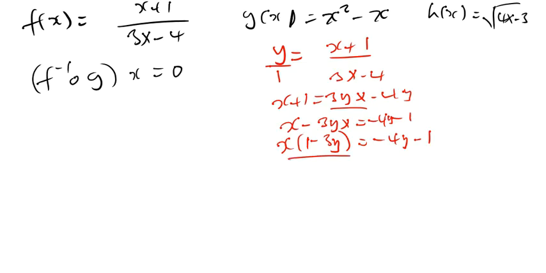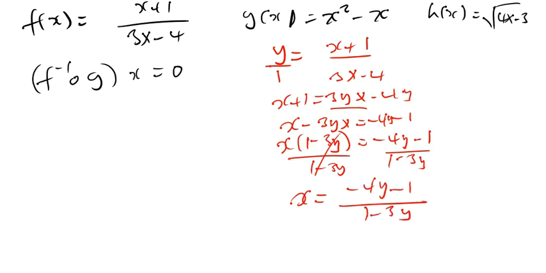Then you divide everywhere by 1 minus 3y, so these will cancel. x is equal to negative 4y minus 1 over 1 minus 3y. Anyone with a problem on how to find this? Those who are following, we have not made any mistake, right? Have we made any mistake?